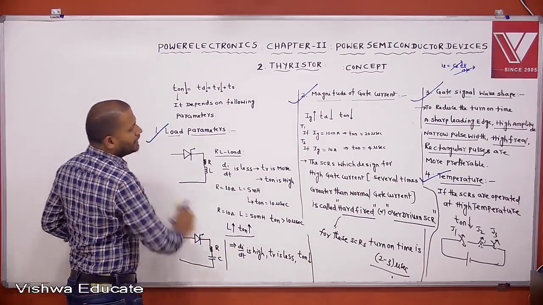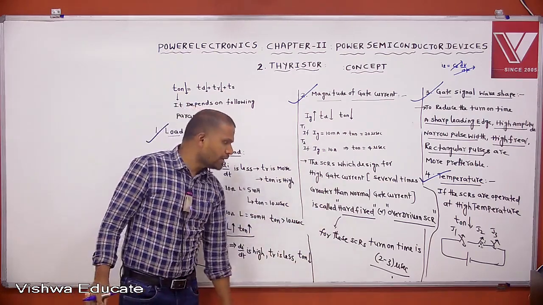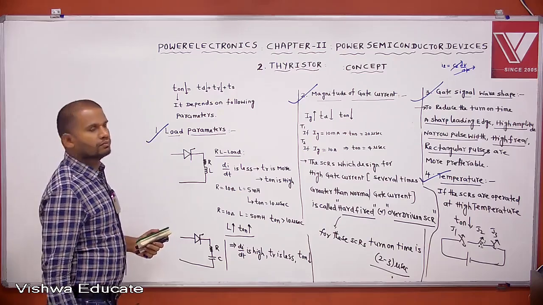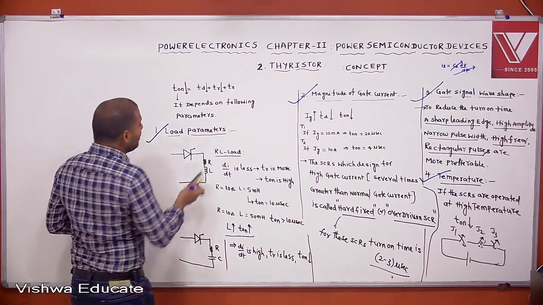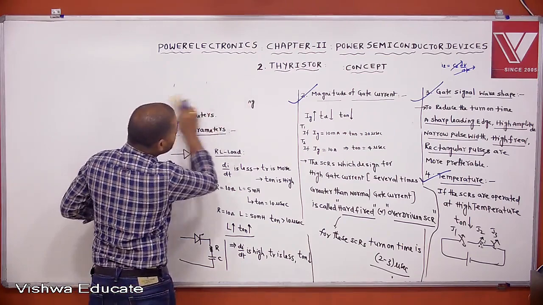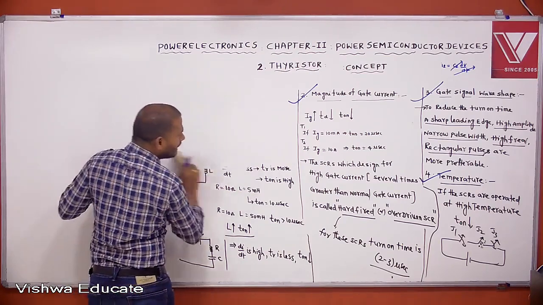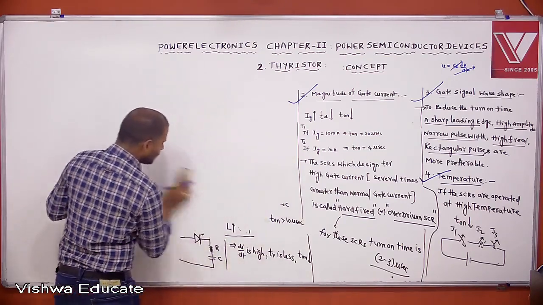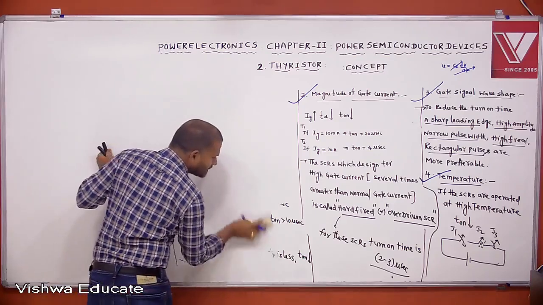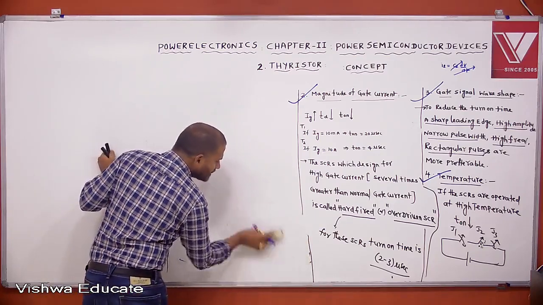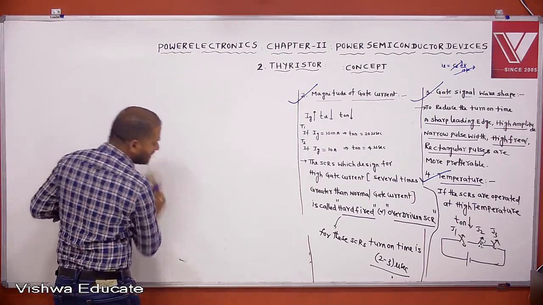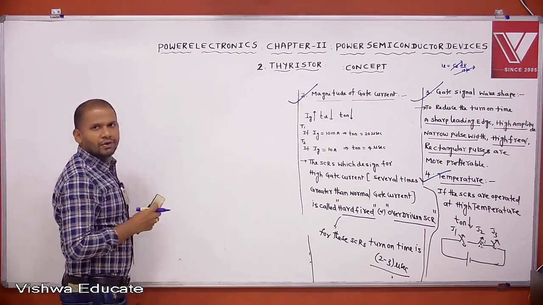Clear? Concentrate on these points. But this one note, remember, concentrate on this note that I already gave. Once again I am writing here, with respect to thyristors, with respect to semiconductor devices, that is, with respect to the switch concept, that formula I already gave. But once again note it down here.